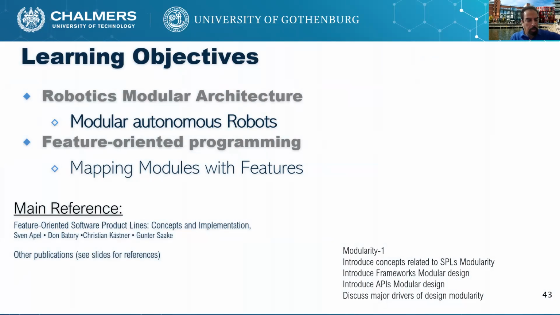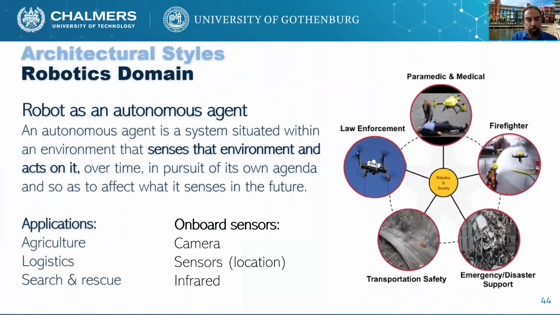Let's move on. I don't know how much time I have, but I will cover whatever I can. Mostly I focused on the second part of modularity, on robotics architecture and how to make the design modular. And we mainly focused on autonomous design, the autonomous agent, as they call it.